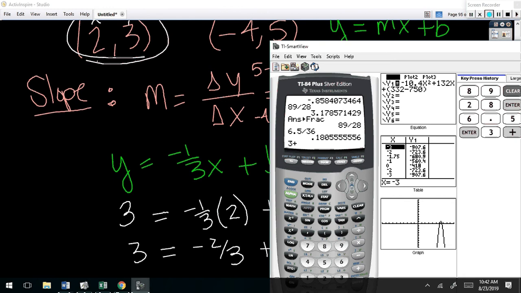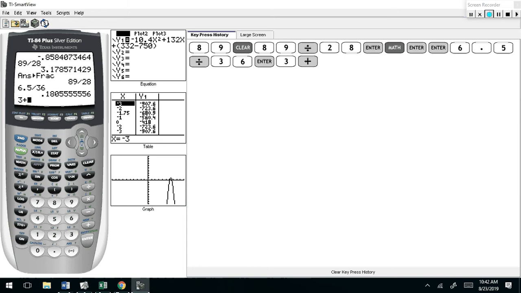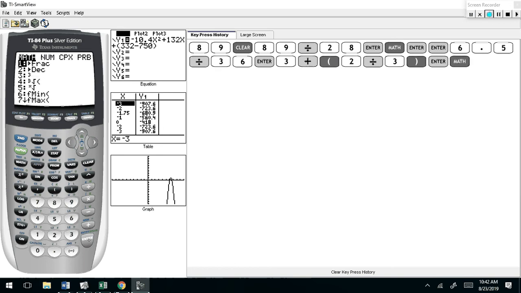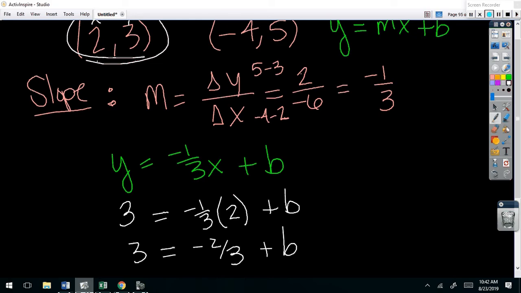Plus, this is what these fancy calculators are good for. 2/3, close parentheses. Now hit, what do you hit to make it a fraction? On yours, yes. What about on mine? Math, enter. 11/3.